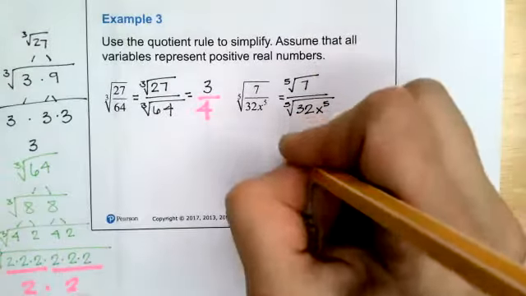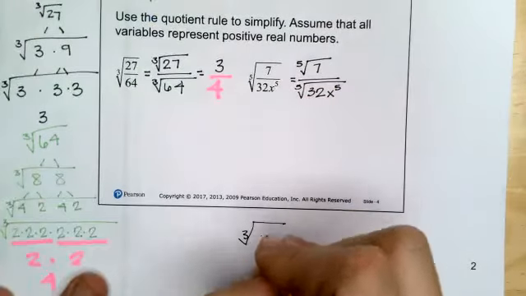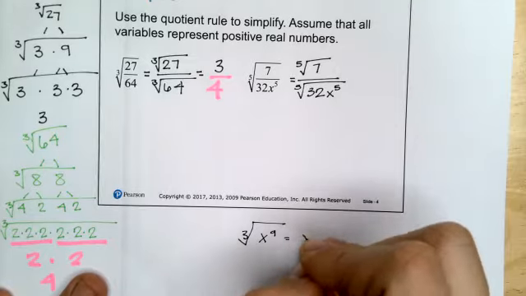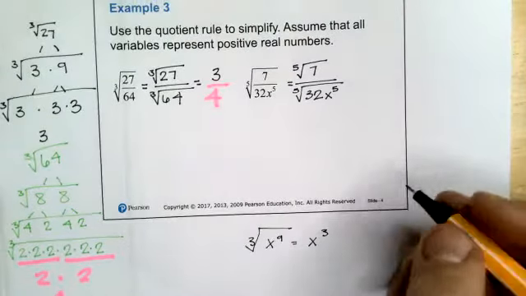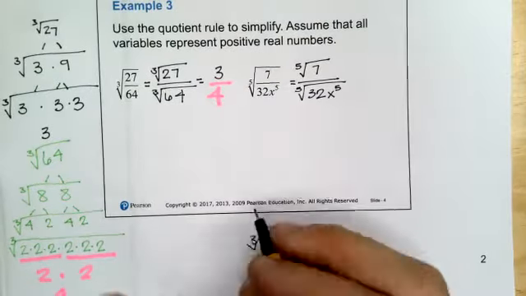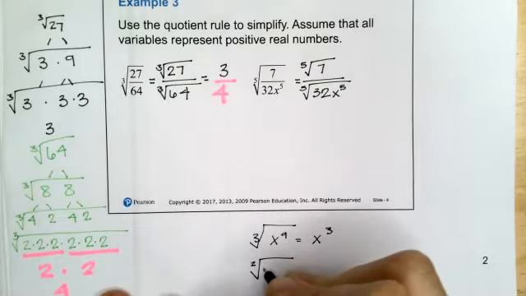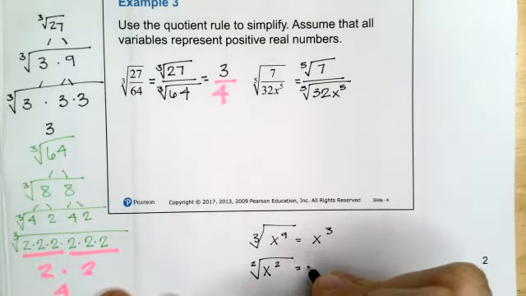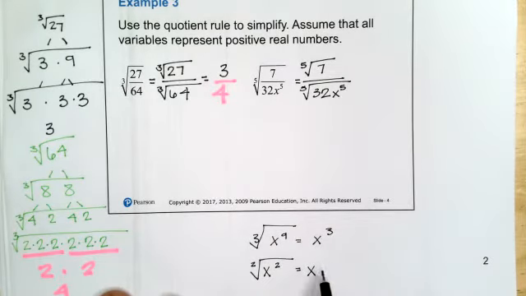Remember when we had the third root of x to the ninth was x to the third? That is because we took that number and divided it by this one. If it was the square root of x squared, it's just going to be x, because 2 divided by 2 is 1.